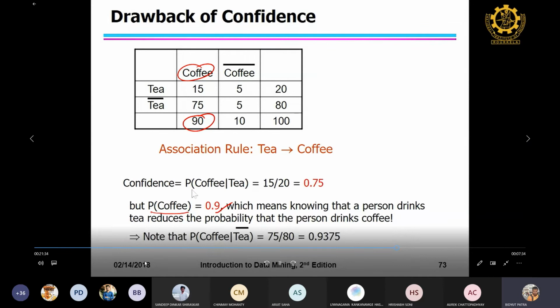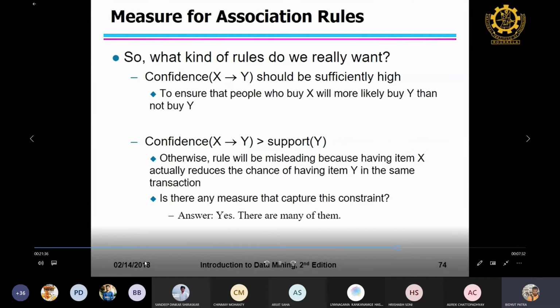We are not considering the support of Y because the formula says it is X and Y together divided by only the support of X. So we should consider this part also.